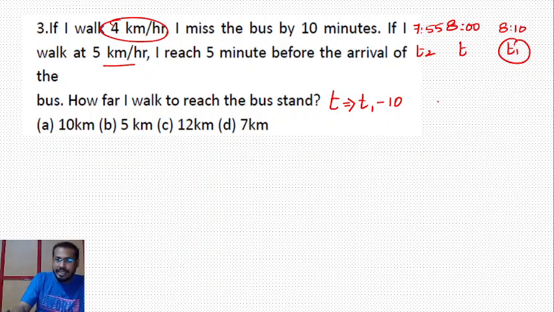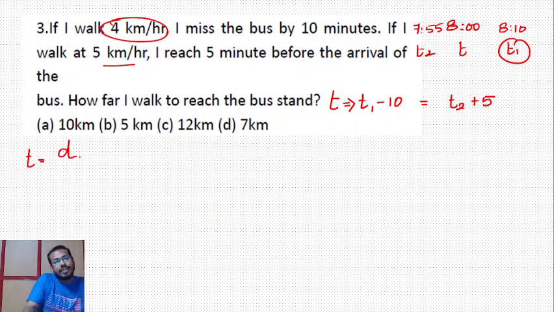The other one is T2. T2 plus 5, because already I reached 5 minutes earlier. If you equate this equation, you can get the answer. So the only concept is, I want to reach the bus stand at the right time. Remaining things are easy. Just plug in the values and you will get the answer quickly. So for this, we know, what is the formula for T?